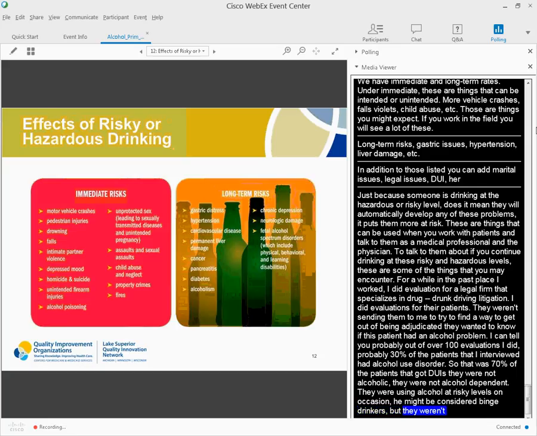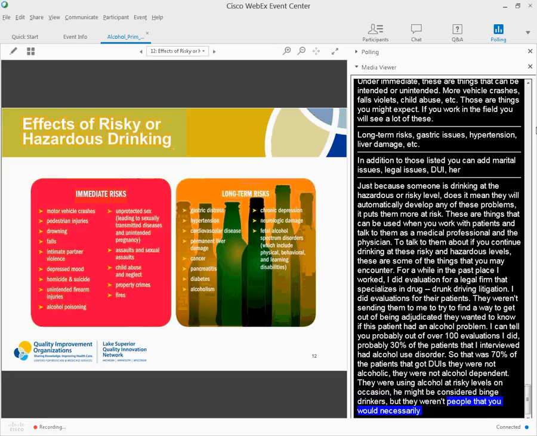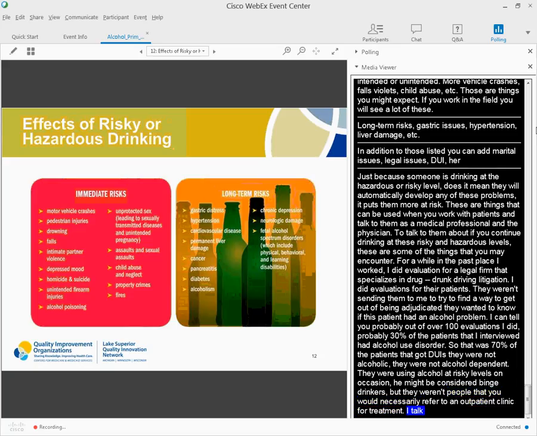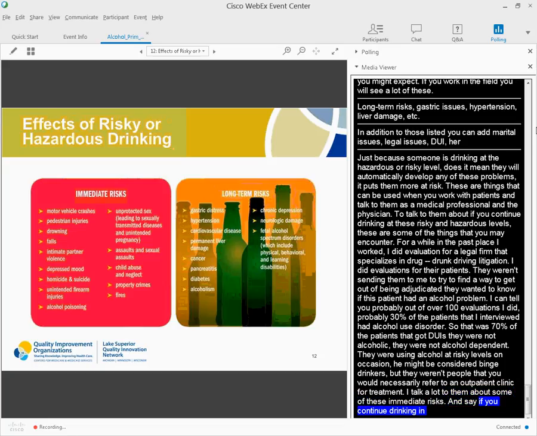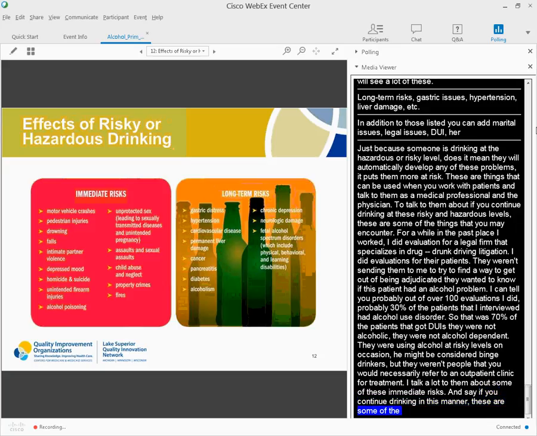So I talked a lot to them about some of these immediate and long-term risks when I evaluated them and said, if you continue drinking in this manner, these are some of the things that might happen to you, and additional DUIs are very, very pricey, and you're going to jail if you get more than one DUI. You might go to jail if you get one now, these days.